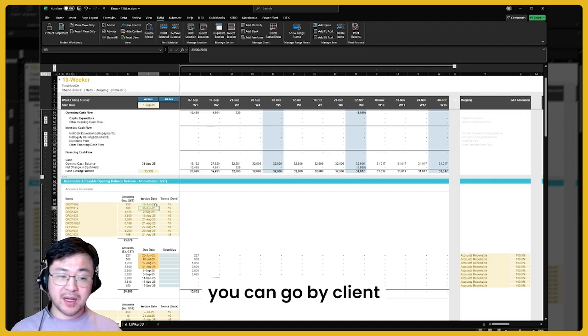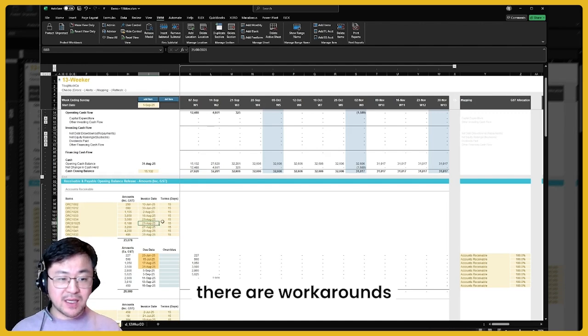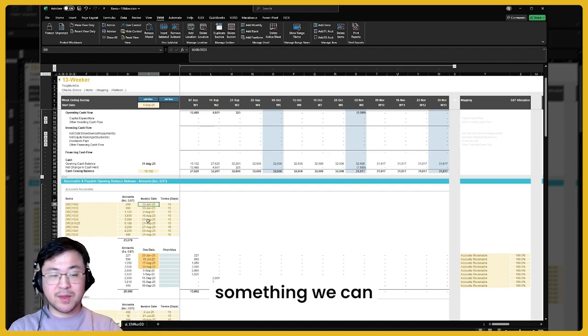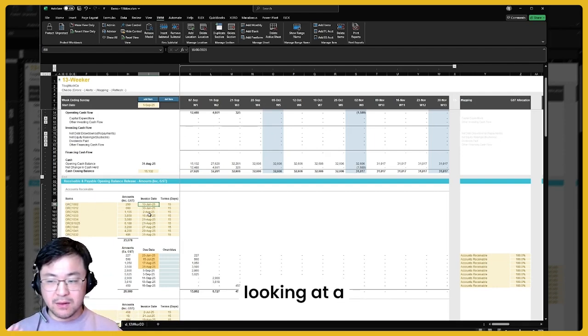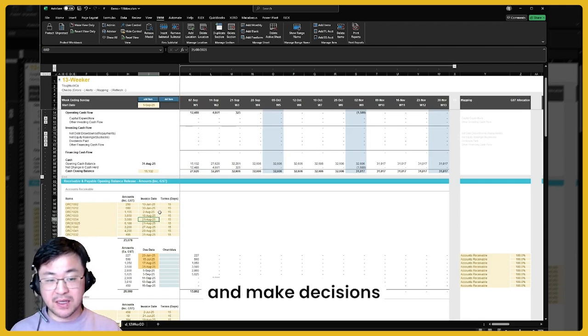You can go by client and do an aging as well, but there are workarounds and ways to manage aging-based clients. So clients grouped and summarized, and this is something we can look at in a separate video in detail. But looking at a detail level set of invoices and bills gives you the maximum control, because you can go to an invoice level and actually make decisions per invoice.